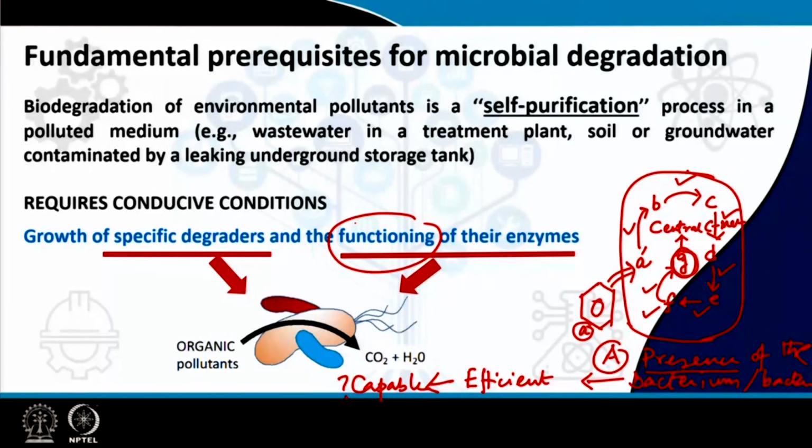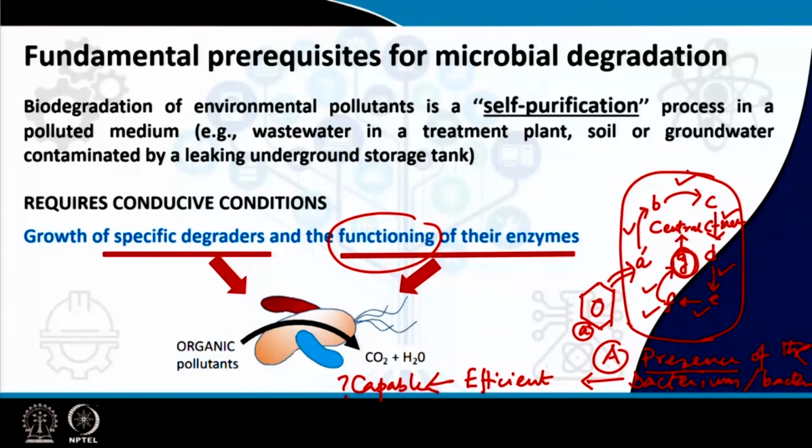So, what I said is that the presence of the organism is one aspect. It could be a very specific degrader like a benzene degrading bacterium or a toluene degrading species or a phenol degrading bacterial strain, as well as the functioning of the relevant enzyme.